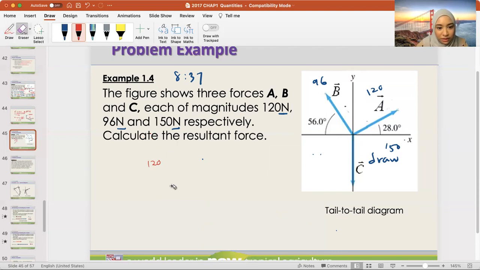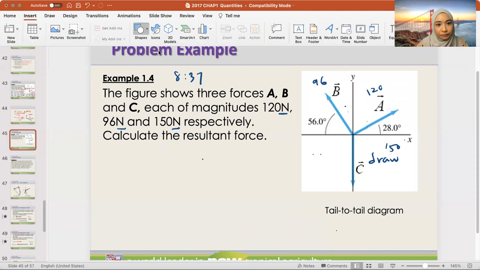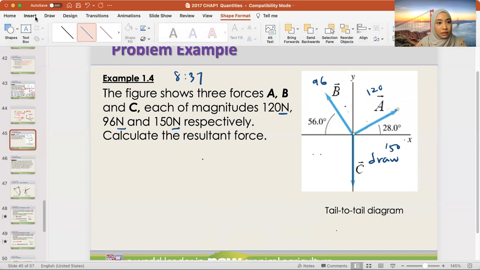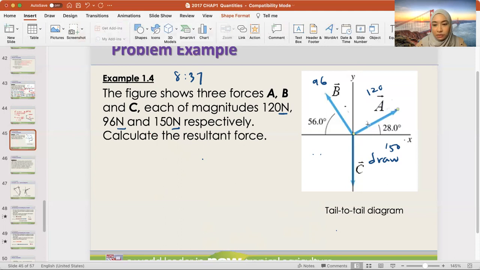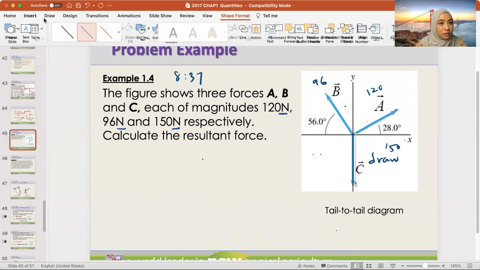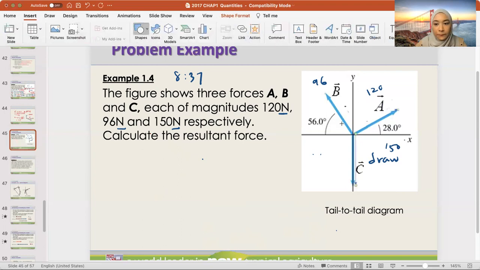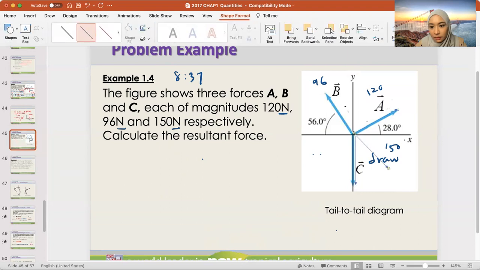So we have to do it using insert shape. Let's try to imitate this one over here, and then insert another one. Trying to do this quickly. Same? Okay, same. Then insert another one. Should be here.